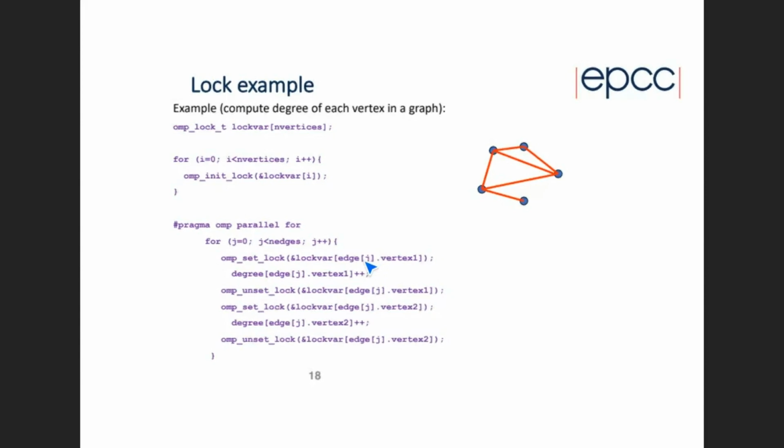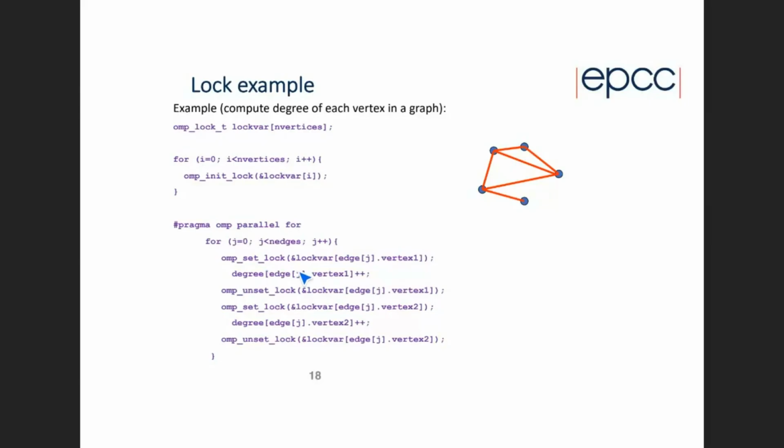Just to emphasize, I am explicitly and programmatically making this association between a lock in the lock array and this element of the degree array, but there's no implicit association between the lock and this memory location.